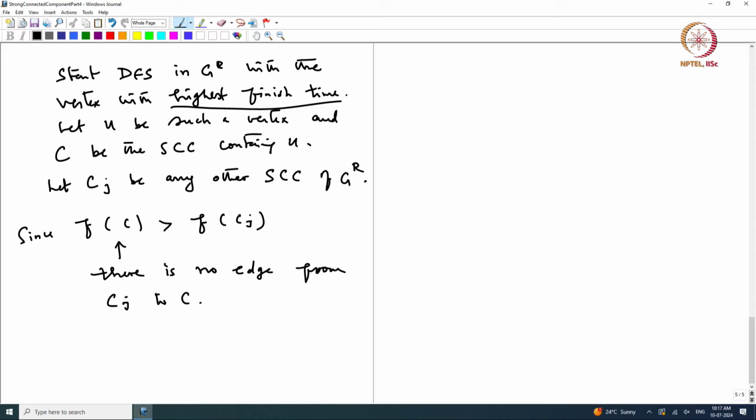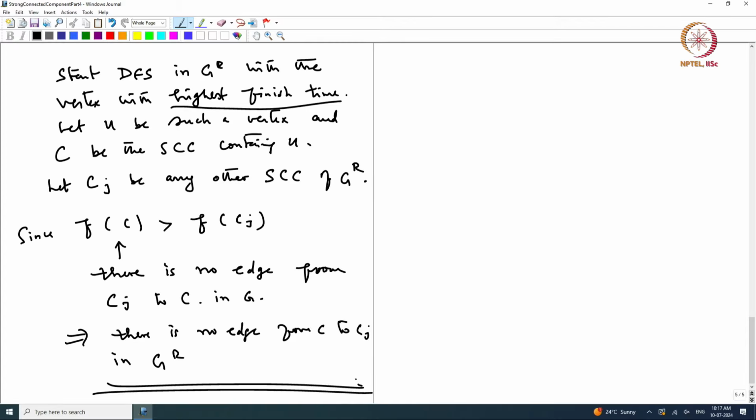There is no edge from Cj to C in G. Therefore, there is no edge from C to Cj in G reverse. Cj to C no edge means you reversed it. So, from C to Cj there is no edge.